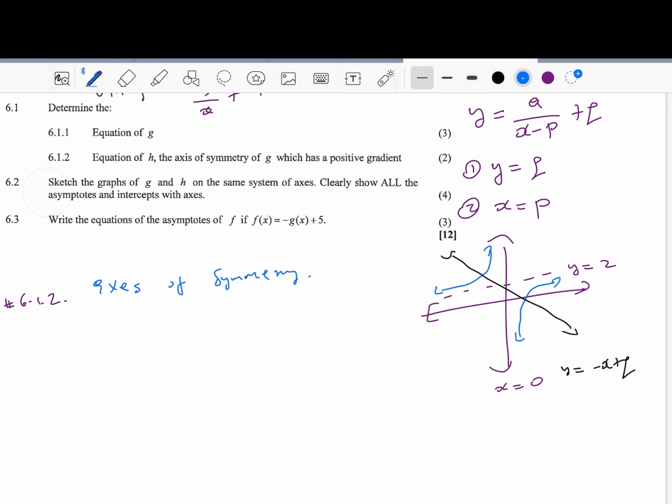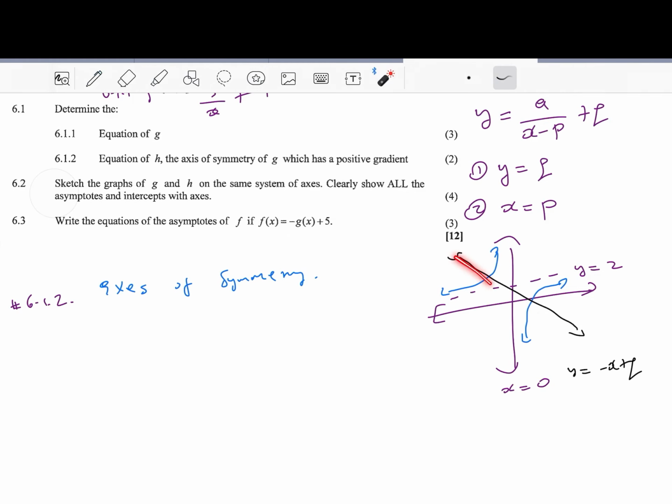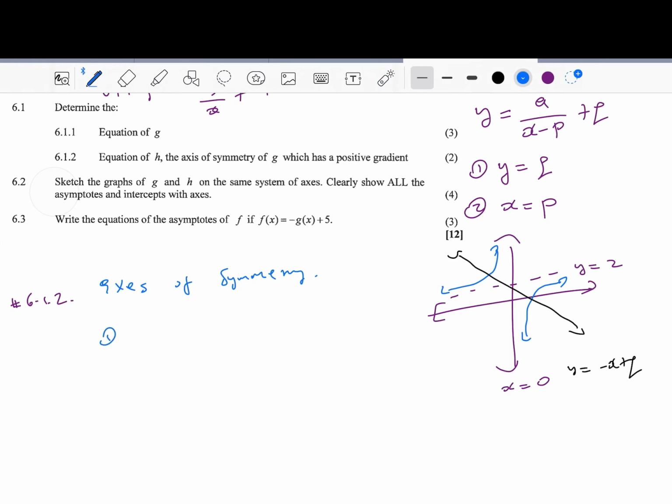we have already discussed it here: an axis of symmetry is a line that cuts the hyperbola symmetrically, right? And we said we have 2 equations. The first equation is y is equal to x plus q, and this is when the gradient is positive.